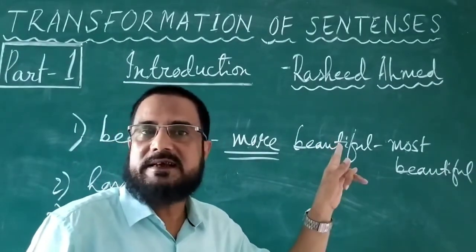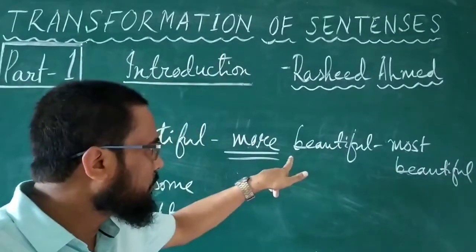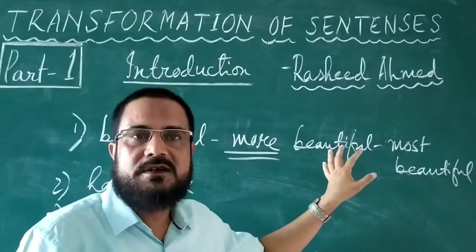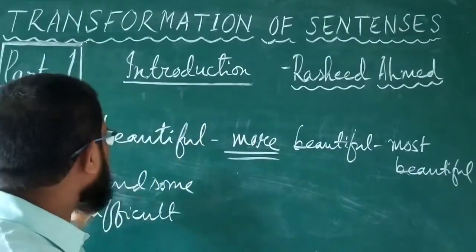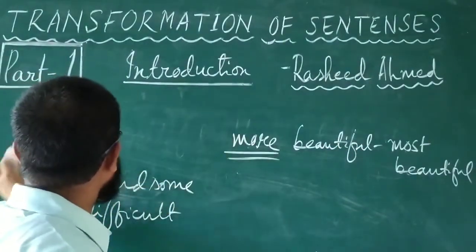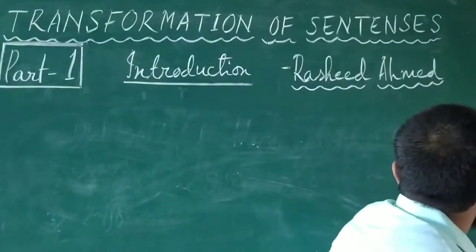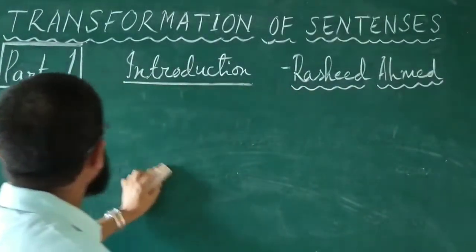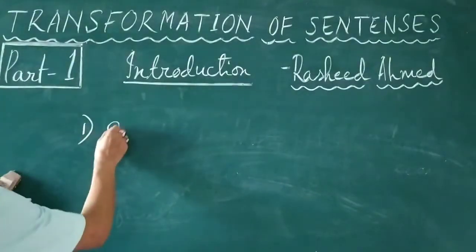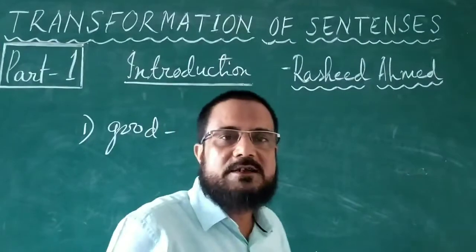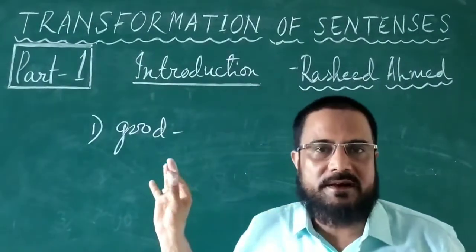First we found er, est. Second, we found you have to add more or most before the word. The original word will remain the same. And yet there are some other words. There is a third way of changing the degree of the adjectives. What is this third way? These are words like good. In case of good, you will not use either of the two ways we have mentioned earlier.